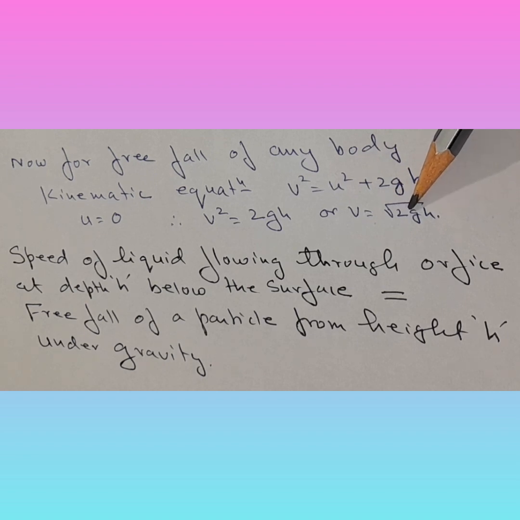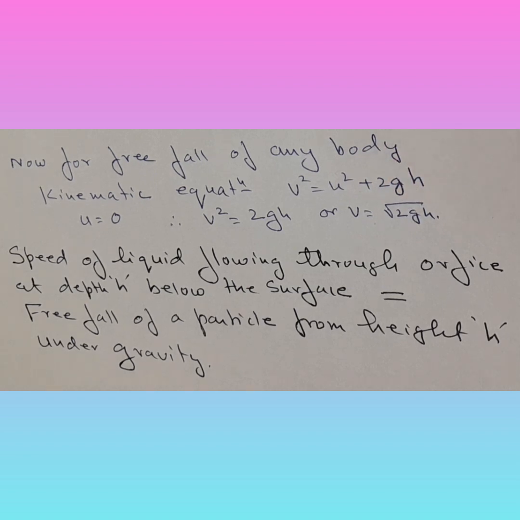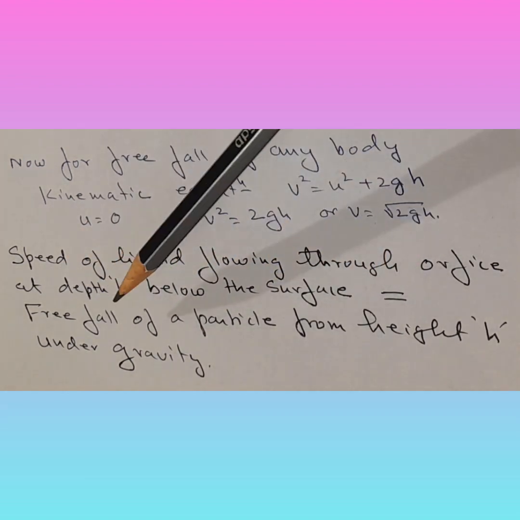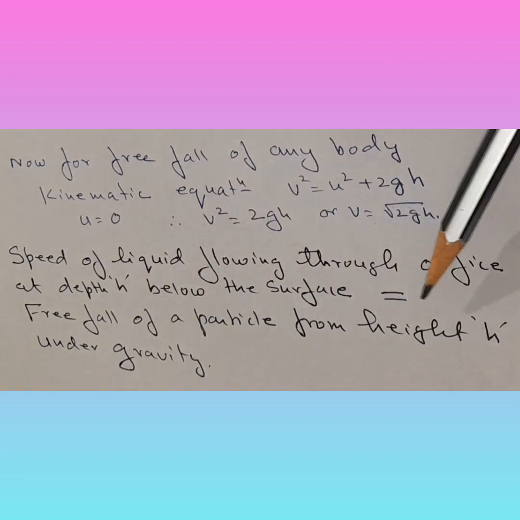So free fall and this have the same value. So the speed of liquid flowing through an orifice at depth h below the surface is equal to that of a particle in free fall from height h under gravity. Quite interesting, right? Understand it well. It would be applicable for quite a number of numericals.